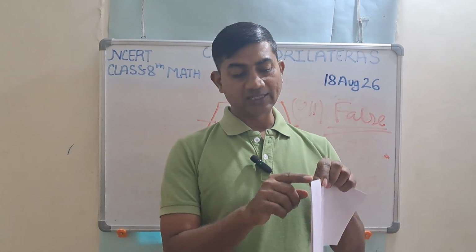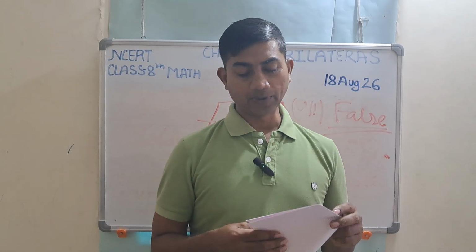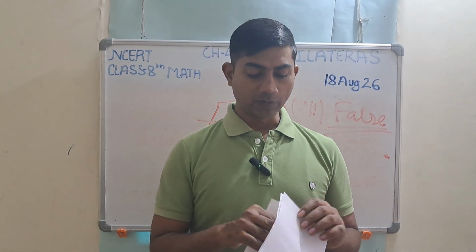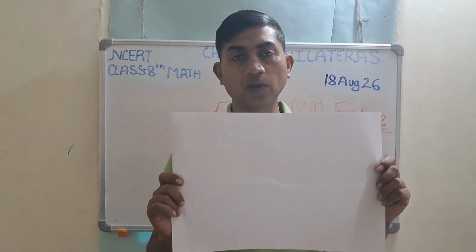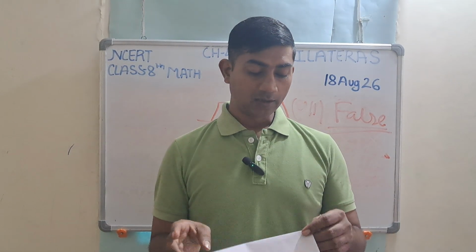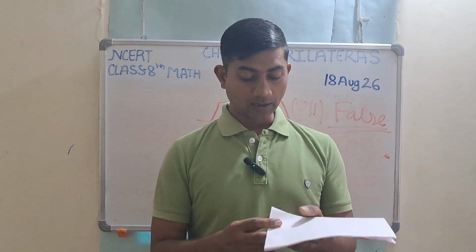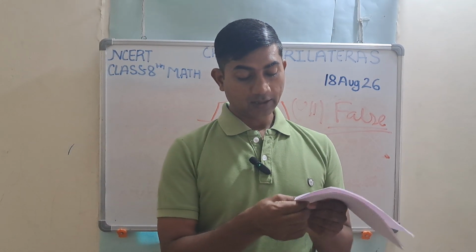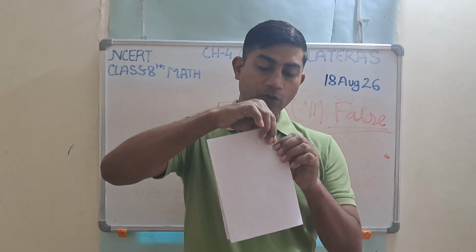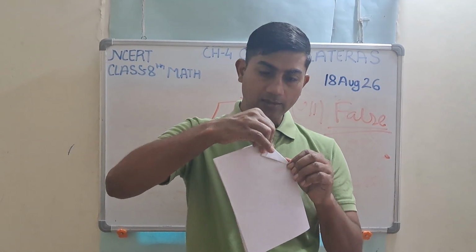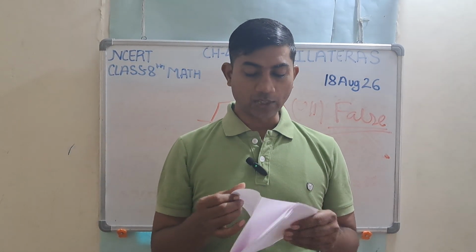Now, at the center part of the paper, we have to fold some more. This paper is divided into 4 equal parts, and now we have to fold here. Now see, I have folded it like this at this corner. When I open this paper, you will see a diagram. Then you see what the diagram is.